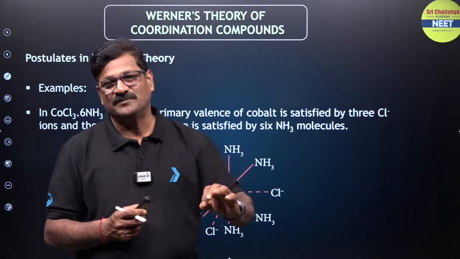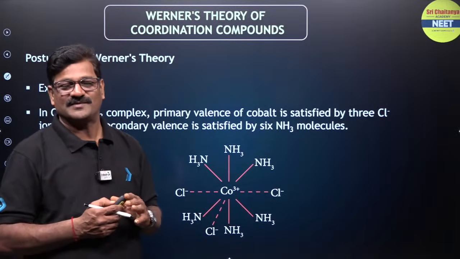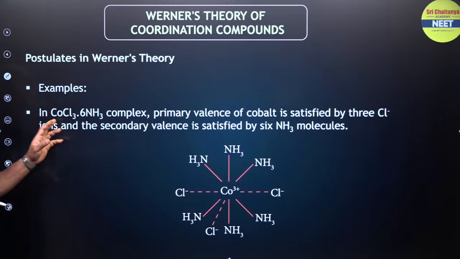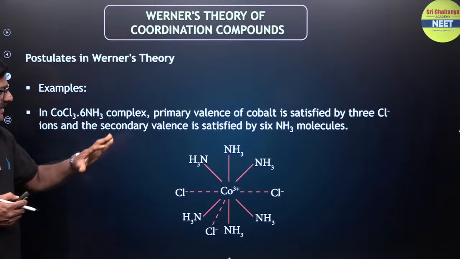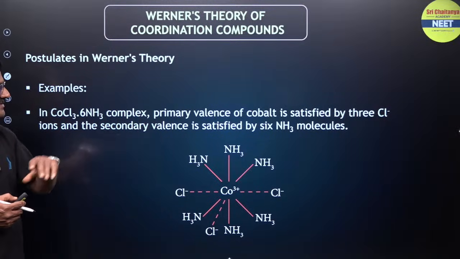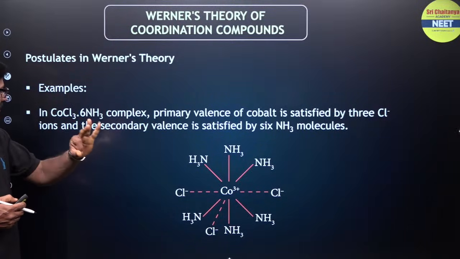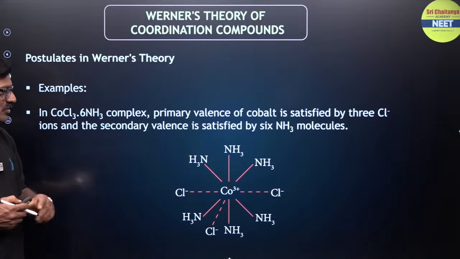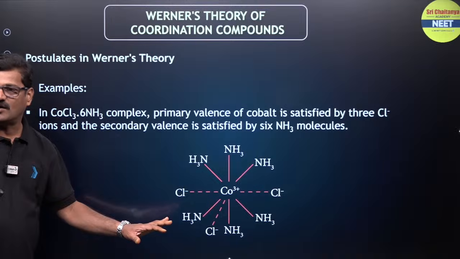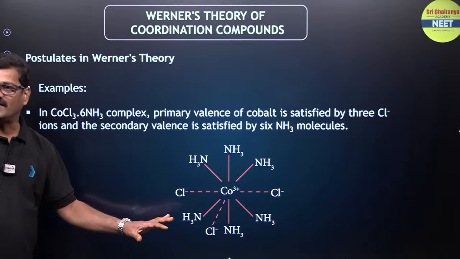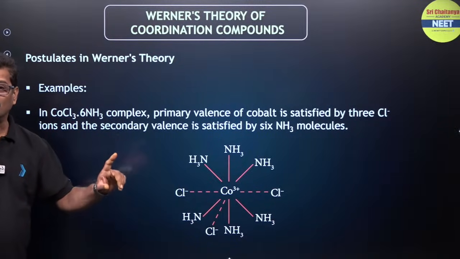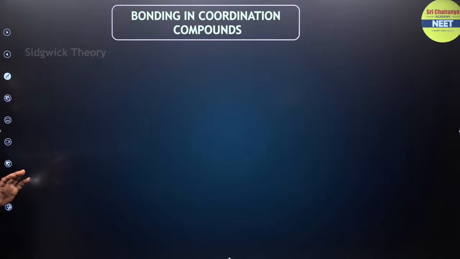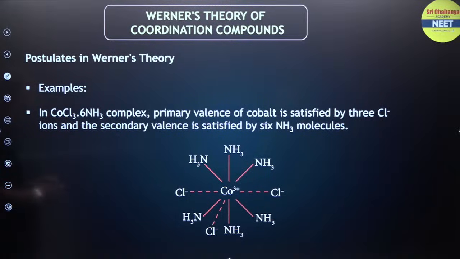Werner is said to be the father of coordination compounds. CoCl3·6NH3 can be represented so that the primary valence of cobalt is satisfied by 3 chlorines and the secondary valence is satisfied by the 6 NH3s. Coordination number is fixed, not variable. Secondary valence is fixed, primary valence is not fixed.